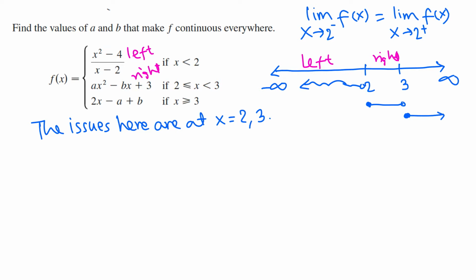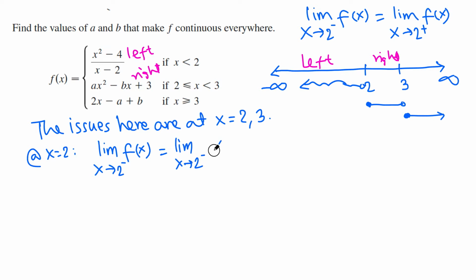Okay, so at 2, the limit of the function when x approaches 2 from left is the limit as x approaches 2 from left of this piece, x squared minus 4 over x minus 2. Now this negative is just for the direction of the limit. If we directly plug in x equals 2, squared 4 minus 4, we get 0 over 0.